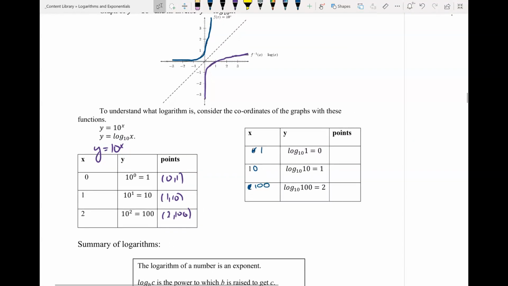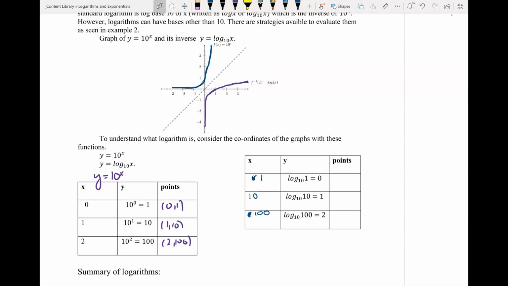To find some points for log x, we use the same rule we use to find inverse functions, switching the x and y coordinates. That means my new function for log x should have points (1, 0), (10, 1), and (100, 2).